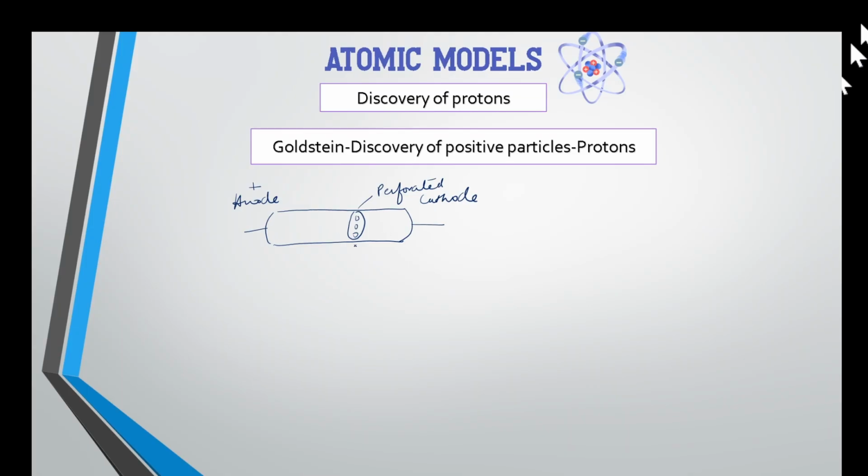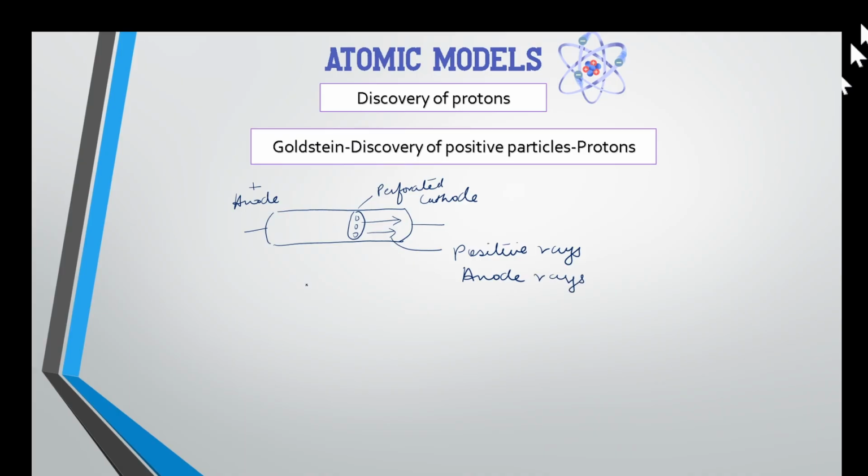What was observed? A new type of rays were produced from the anode, which were passing through the perforated cathode. These new rays were called the positive rays. They were seen coming out from the perforated cathode. These positive rays were also called the anode rays.